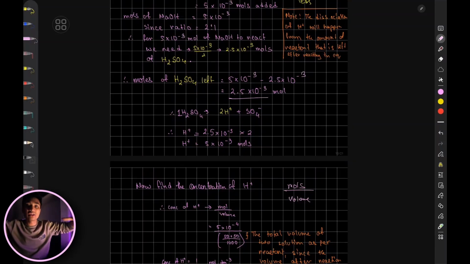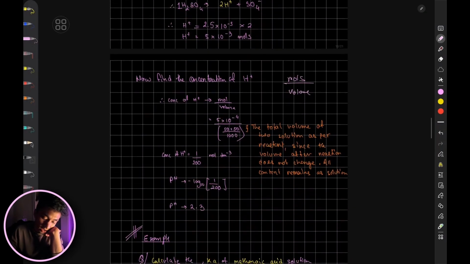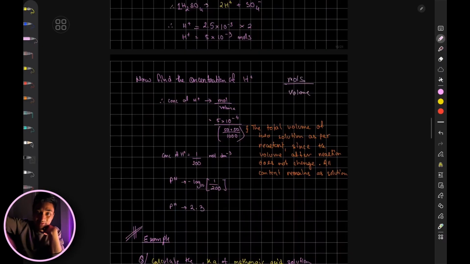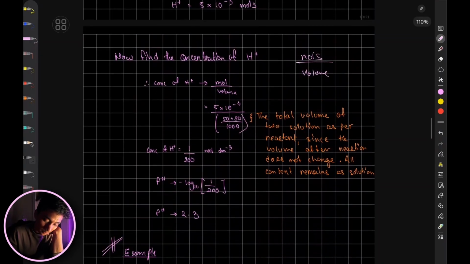It is the initial aqueous solutions that created the volume, and the volume doesn't change. It's the same solution. Say after 25 cm cube of HCl and 25 cm cube of NaOH, do you ever see the amount of liquid change from 50 cm cube? No. 25 added, the total solution is 50, remains 50. So it's the same case over here.